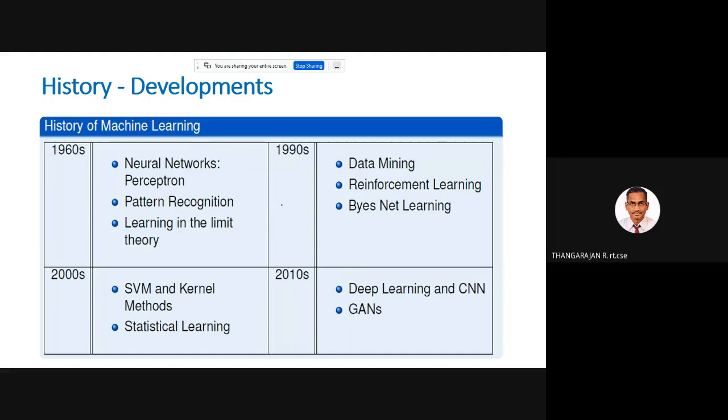Then data-based learning developments happened, and in 2000 you have SVM and kernel methods, statistical learning. In 2010 we now talk about deep learning, convolutional neural networks and generative adversarial networks, GAN. So this is the development that has happened since 1960.